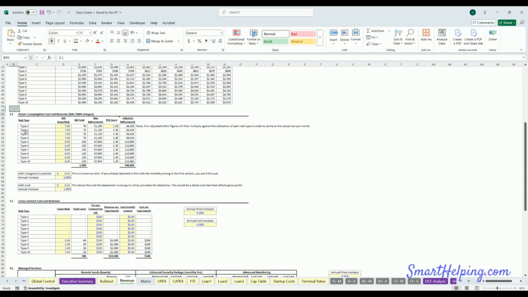Now, revenue option 2 is you can charge for power consumption, and you could define the kilowatts of each rack type. This is the total kilowatts based on the count of racks of each type. Kilowatt hours max per month.